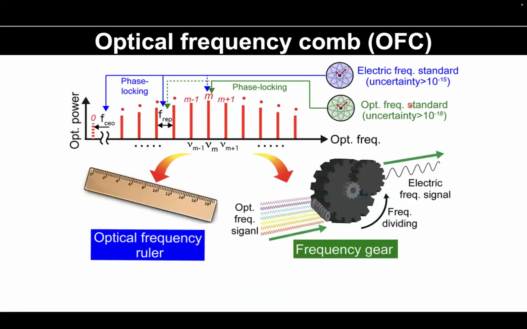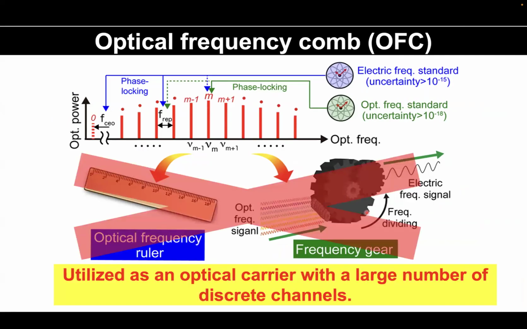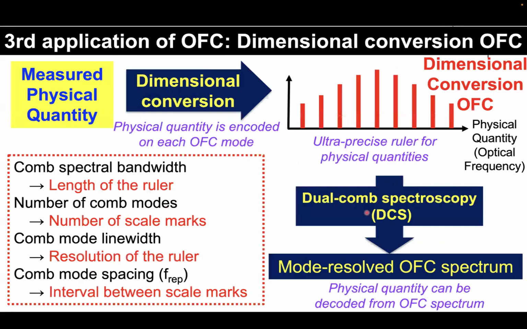To this end, we focus on the OFC again. Previously, I said that OFC can be used for the optical frequency ruler or frequency gear. But here we focus on a new feature of OFC, namely an optical carrier with a large number of discrete channels.